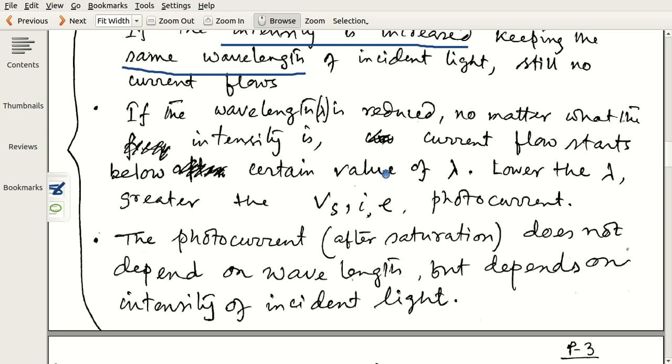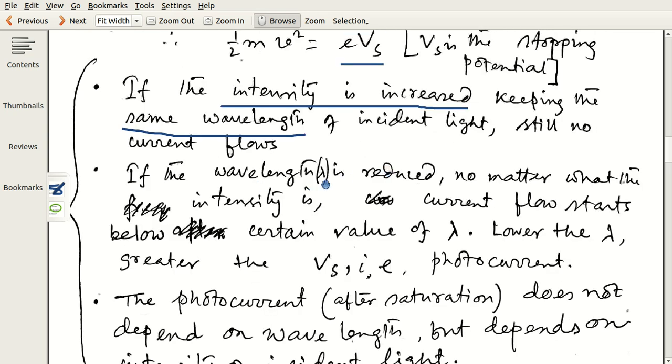Second thing is that if the wavelength is reduced, that means frequency is increased, no matter what the intensity is, that means you change the light actually.